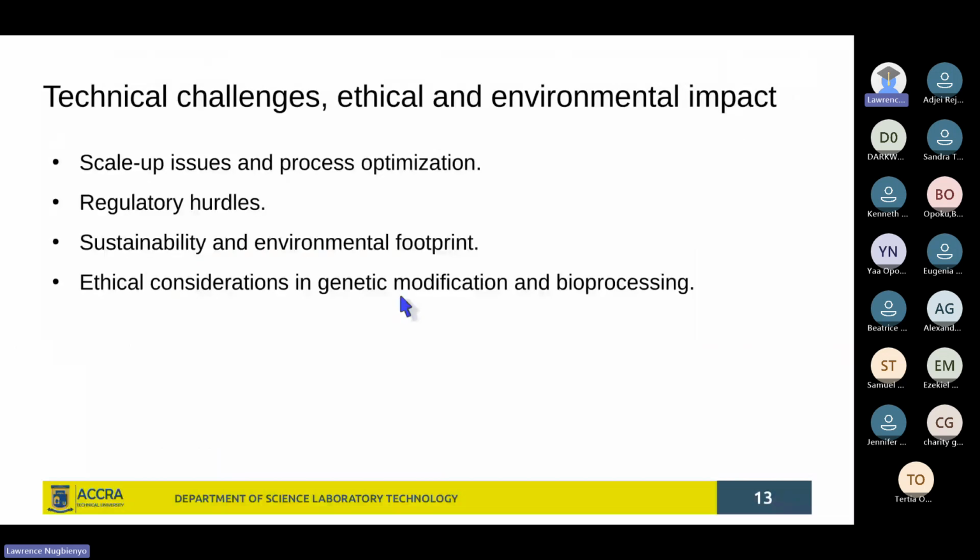And then I think this should be the last thing we talk about. Even though we talk of biological processes as being sustainable and eco-friendly, there could be some issues with scaling up. An example I was giving you was the jatropha.